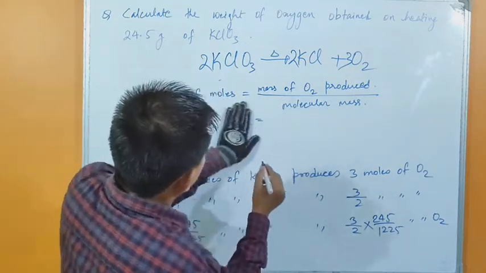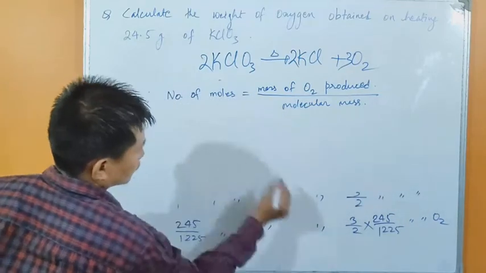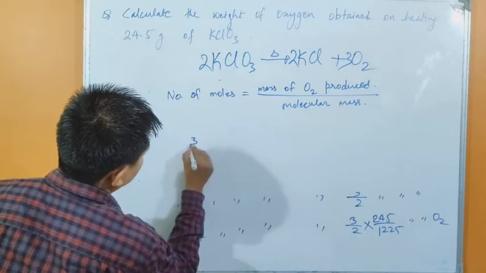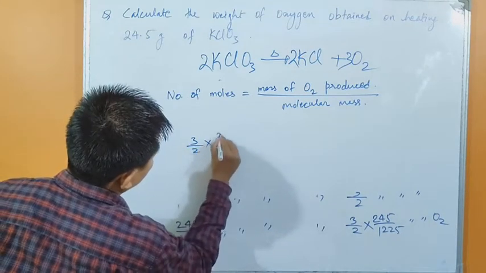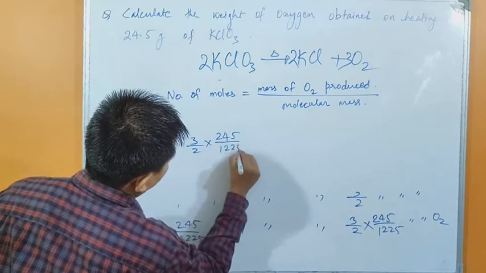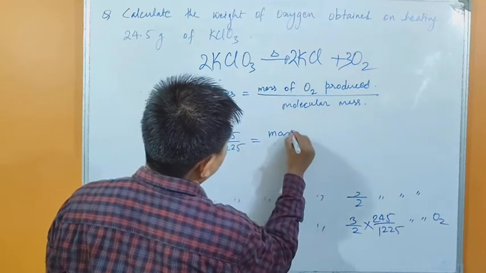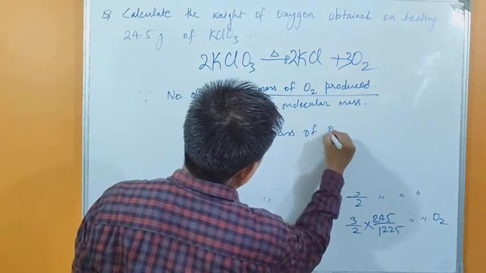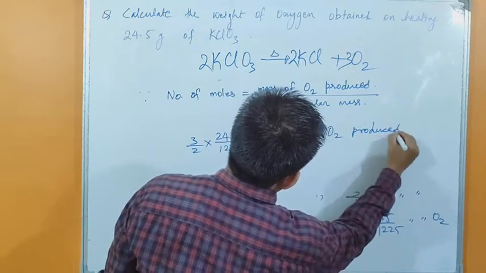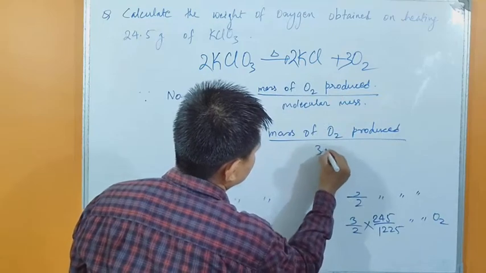Let me write a little below. Number of moles of O2 is given to us: 3 upon 2 into 245 divided by 1225. That equals mass of O2 produced divided by molecular mass. Molecular mass of oxygen is 32.